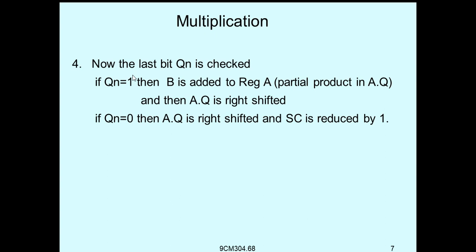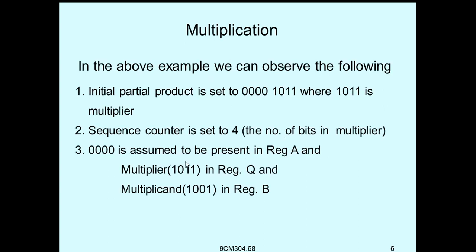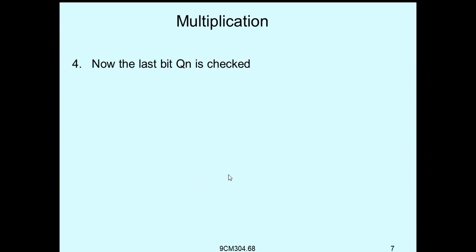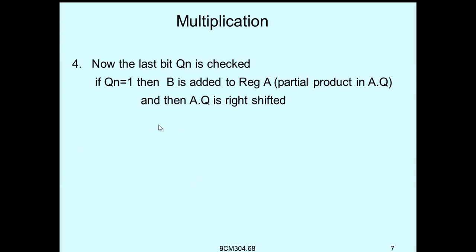So now the last bit Qn is checked. We store the corresponding numbers in the corresponding registers. So Qn holds 1011.